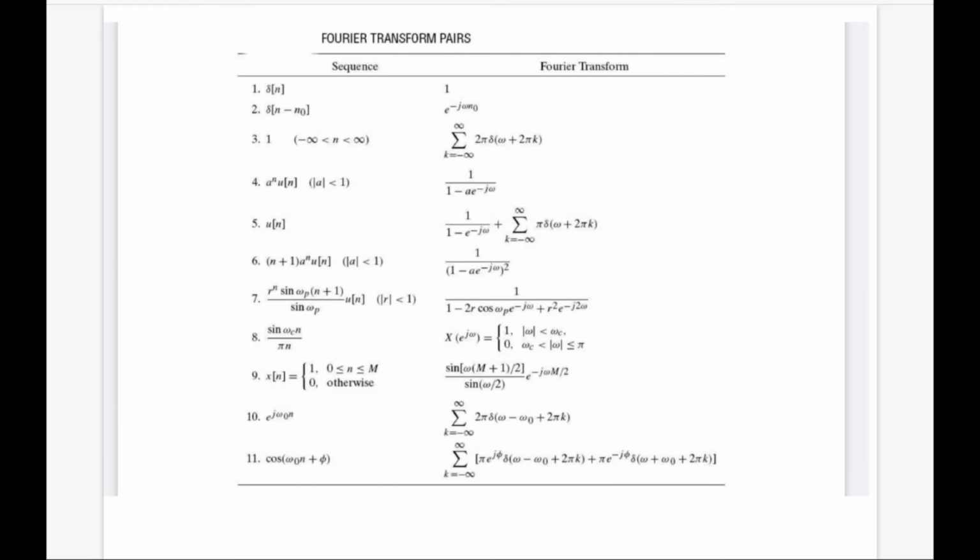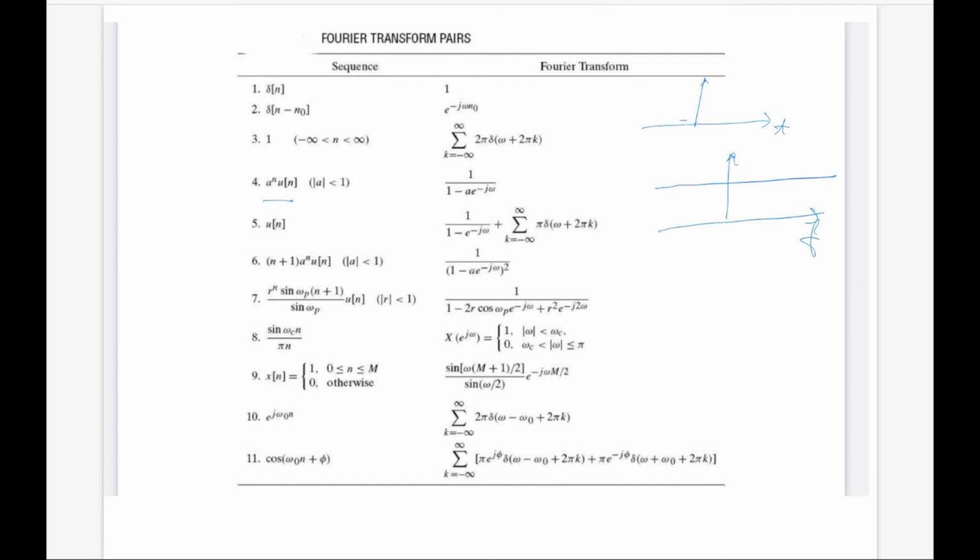So you can visualize it like this: if there is an impulse, or the signal is limited in the time domain, it will be unlimited in the frequency domain.